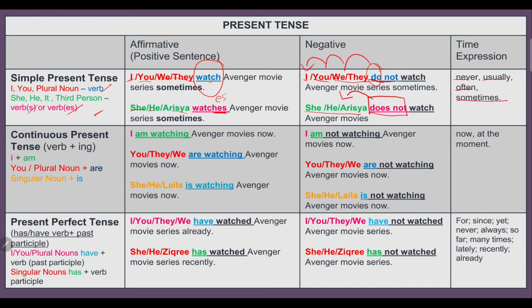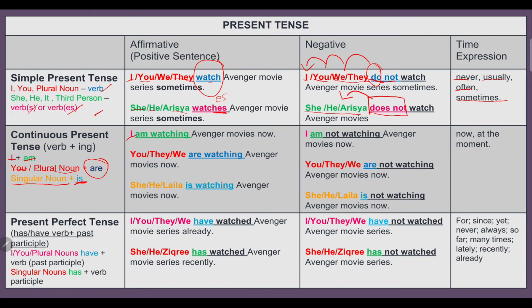So for the subject, when the subject is I, okay, so the verb to be, you will use am. And for you and plural nouns, okay, you are going to use are. And for singular noun, you are going to use is. Alright, so let's take a look at the affirmative sentence.